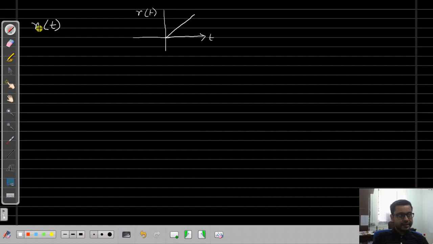If you take the derivative of the unit ramp signal, that is r dot t, then we get u of t, the unit step function, which looks like this.